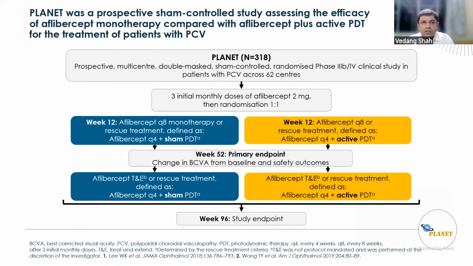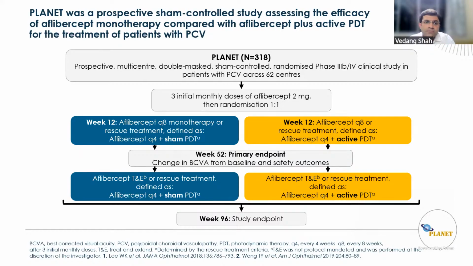The most important study that comes to our mind while we are treating patients with PCV is the PLANET study, where aflibercept monotherapy was compared with aflibercept and active PDT. In some patients where aflibercept monotherapy failed to give desirable results, rescue therapy was also done.